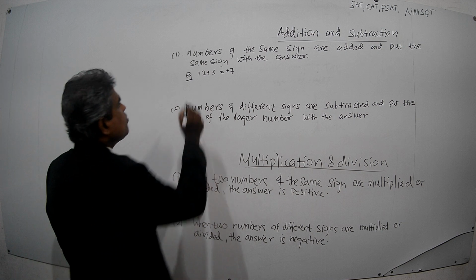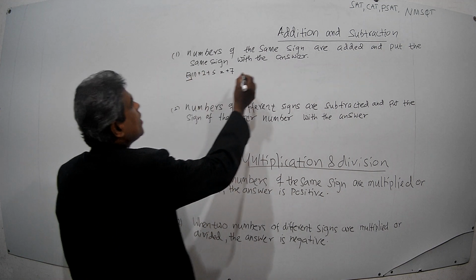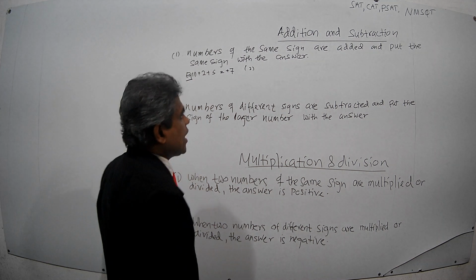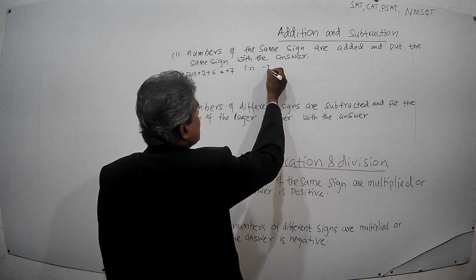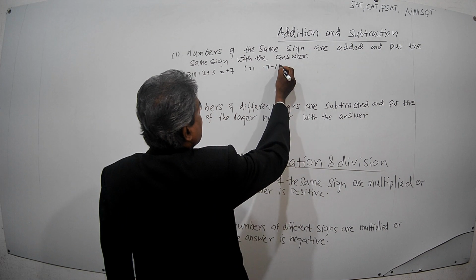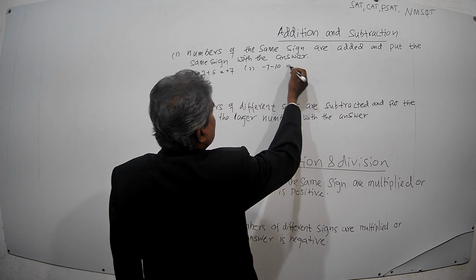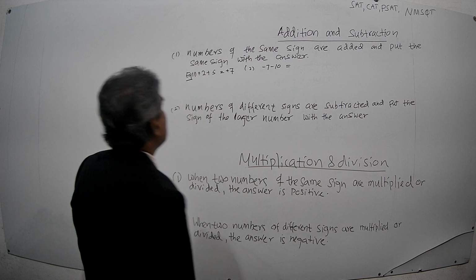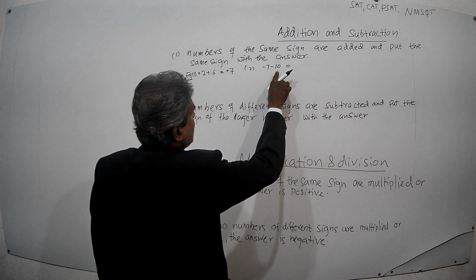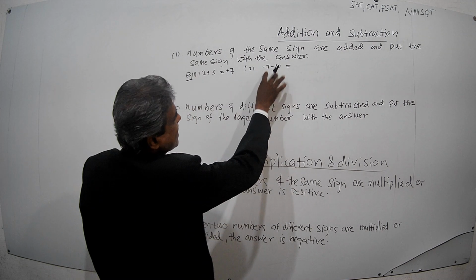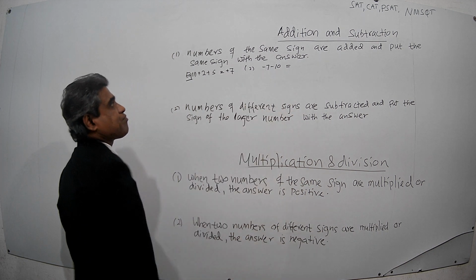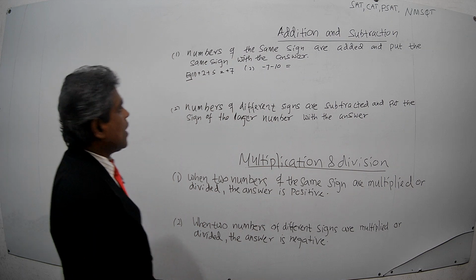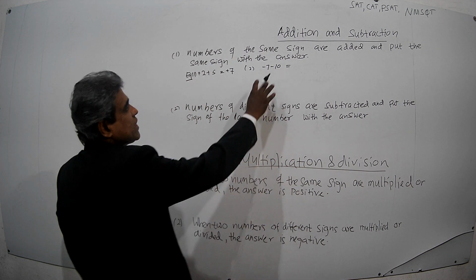Then another example, example 2. We will take two numbers of negative sign, minus 7, minus 10. What will this be equal to? Here you get minus 7 and minus 10. There are two numbers of the same sign, the negative sign. Now apply the rule: numbers of the same sign are added and you put the same sign with the answer.